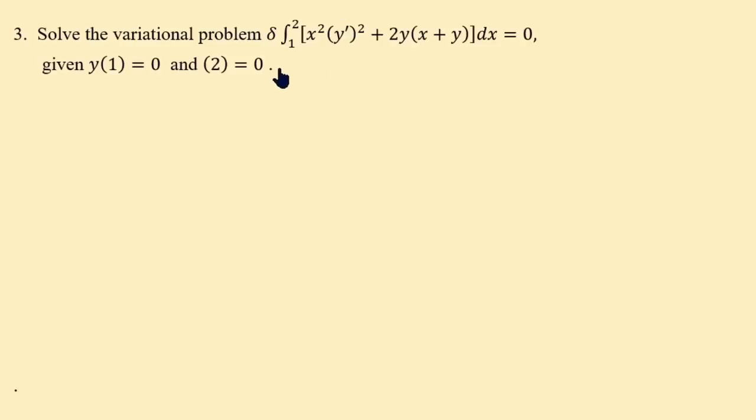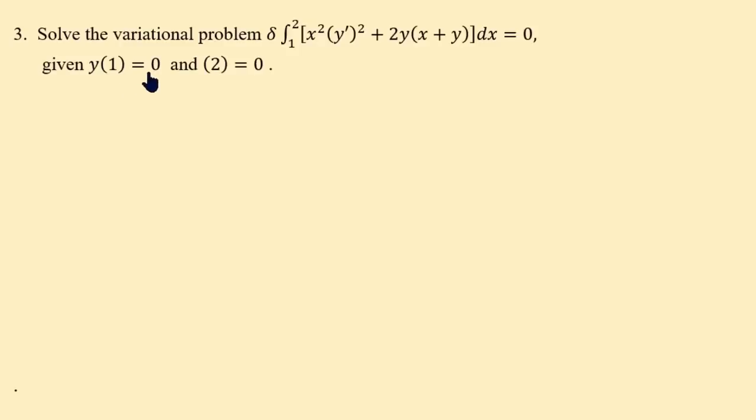Solve the variational problem: delta of the integral from 1 to 2 of x square y dash square plus 2yx plus 2y square dx is 0. It is nothing but the integral is an extremum, either maximum or minimum. Therefore, this delta is 0.